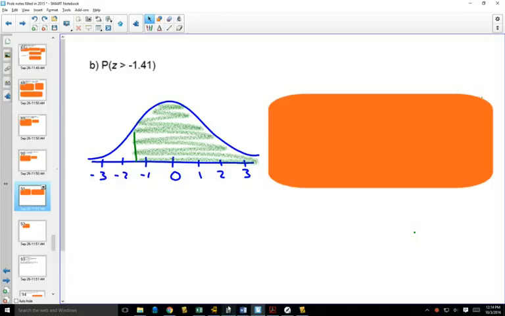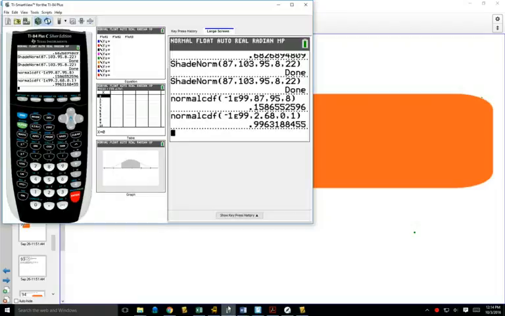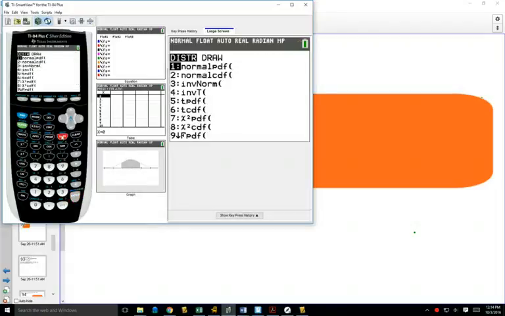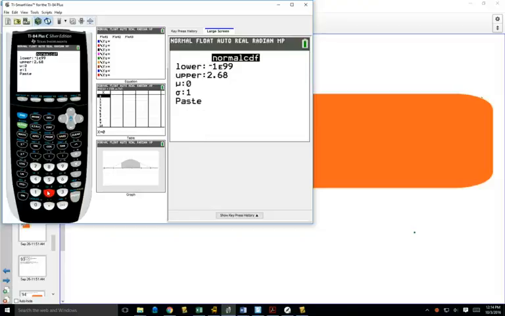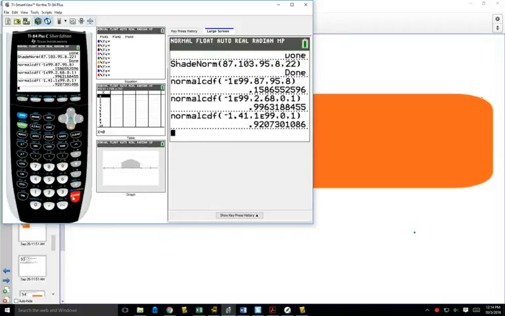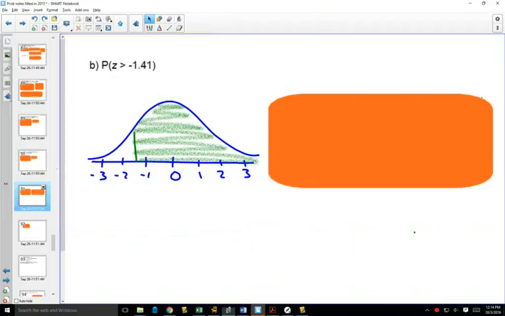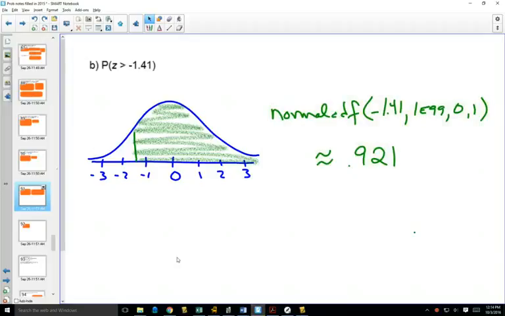Again, if we go to our calculator, -1.41 is our lower one. We can put a huge number in for our upper one, same mean and standard deviation. And we've got a 92.1% chance.